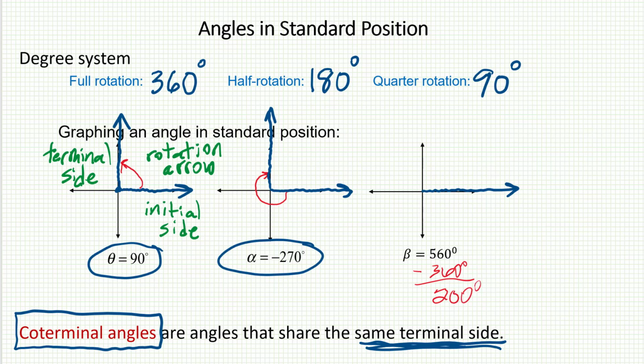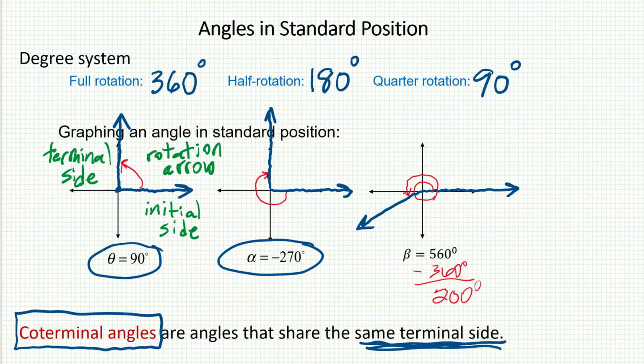So what I need to do is rotate all the way around counterclockwise and then keep going another 200. Well, here's 90, 180, 20 degrees past 180, so not too much. And my terminal side then will be somewhere about here. Here is 560 degrees in standard position.